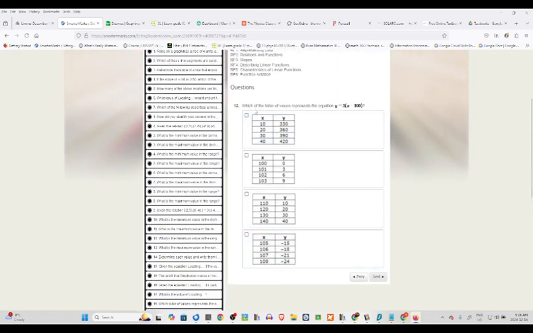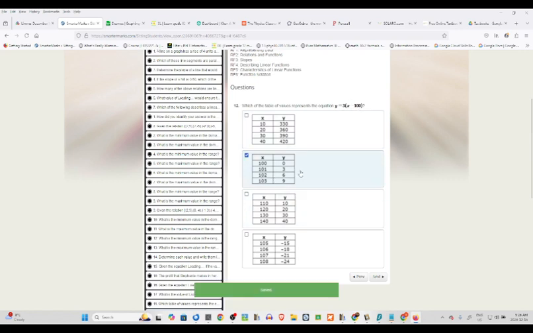Next up, which table of values represents the equation y equals 3 times x minus 100? Well, if x equals 10, 10 minus 100 is a negative 90 times 3, that's a negative 270. So A is out. If x is 100, y is 0. That works. 102 minus 100 is 2, so 2 times 3 is 6.